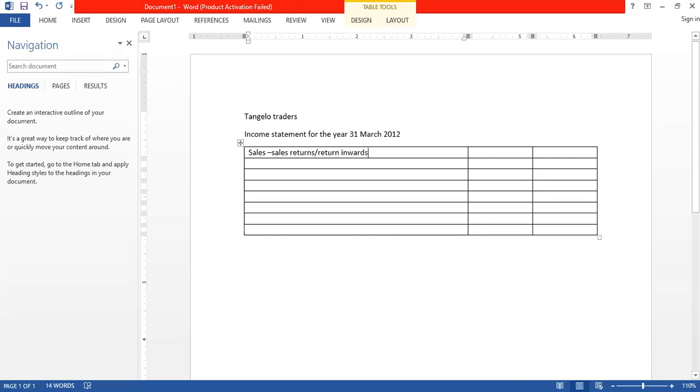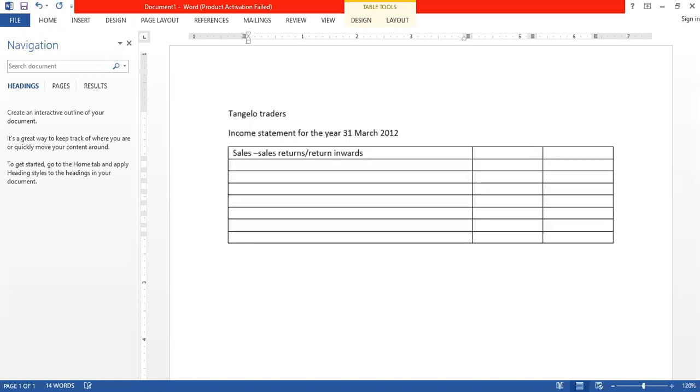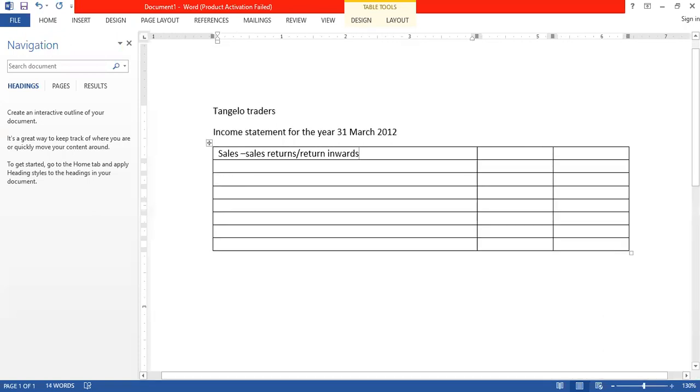Okay. Thank you. Can you see now? Yes, thank you. You're welcome. So the first thing that you record in your income statement is your sales, and if you have sales returns, you have to subtract them. They are either called sales returns or return inwards. So it's the same thing.